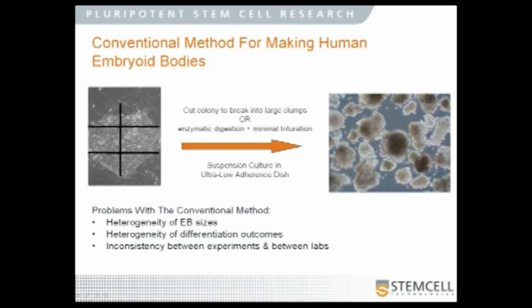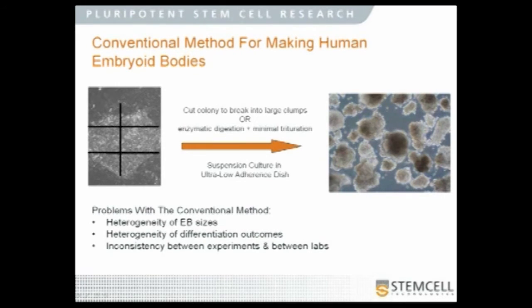So I then was interested in trying to replicate some of these organized structures. And as I mentioned, I had initially generated these using conventional scraping techniques to remove ES colonies from the culture surface. So these techniques generally involve either cutting up the colony to break it into large clumps, or incomplete enzymatic digestion, whether dispase or collagenase and so on, and a certain degree of trituration to give a desired clump size.